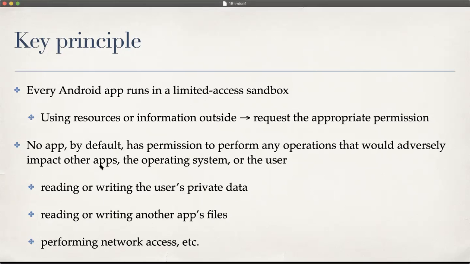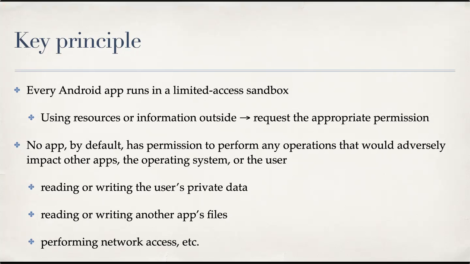So reading or writing some user's private data should require a permission. And that private data includes the contacts, right? My friend list is private. No other app should be allowed to look at it unless I explicitly grant permissions.